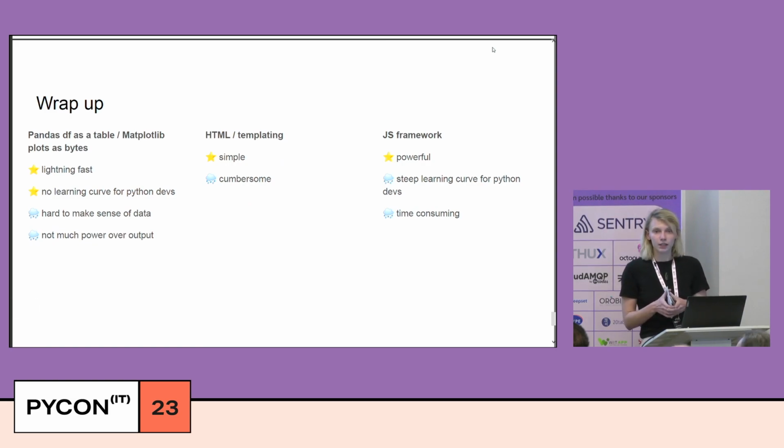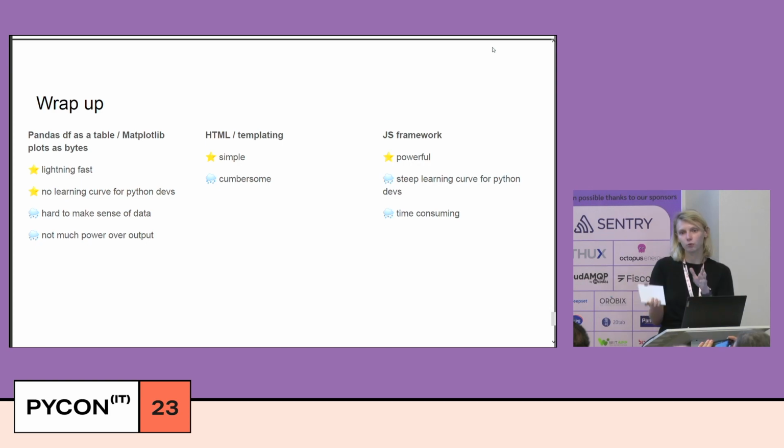The things that I was talking about you can group into three categories. One is staying in pure Python, where solutions are pretty simple, like just showing your data frame as a table or just sending your matplotlib plot as bytes to the front end. If you just need a quicker solution, I find that's great.